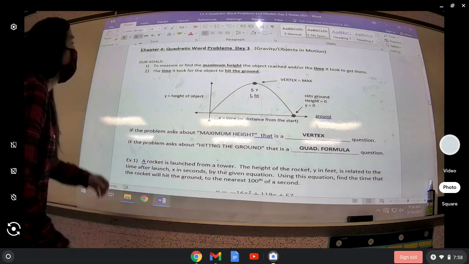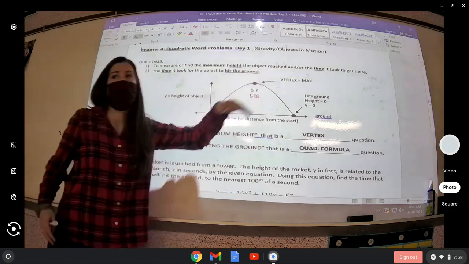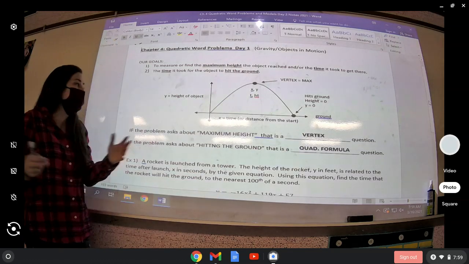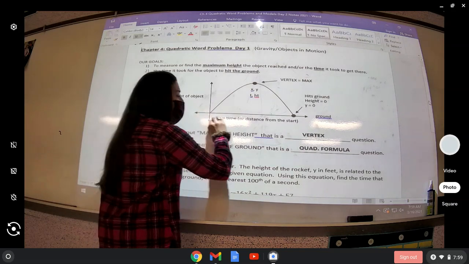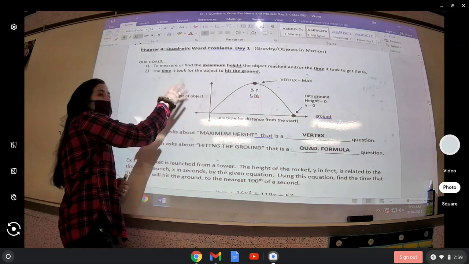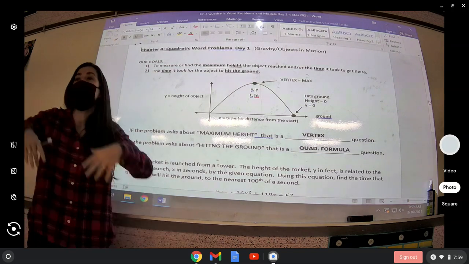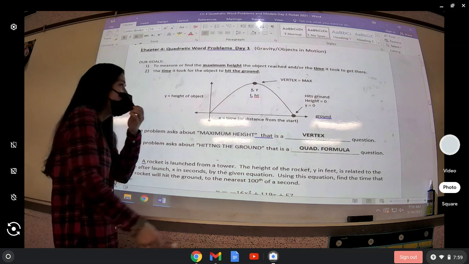All right. Or they're going to ask you to find the time it took for the object to hit the ground. And then just remember, the way all these problems work is the x coordinates represent the time and the y coordinates represent the height. So you have to understand, if it's a vertex question, do you want the x coordinate of the vertex or the y coordinate of the vertex?